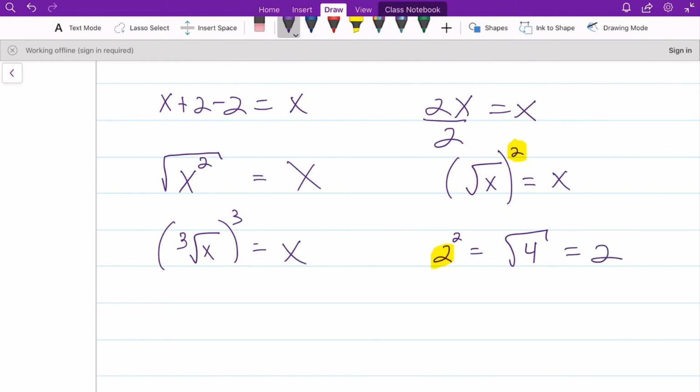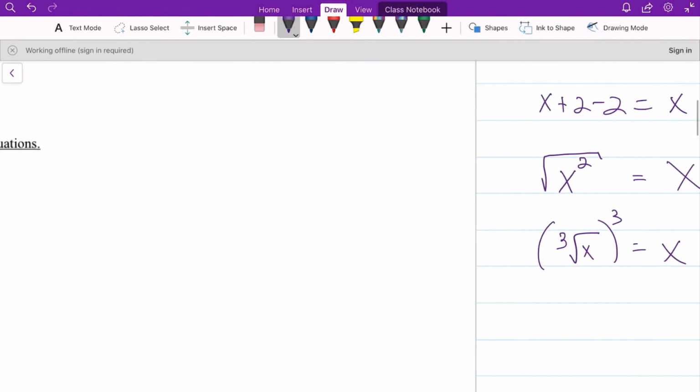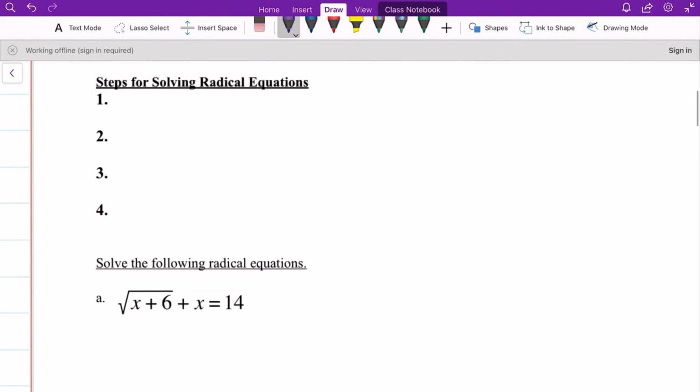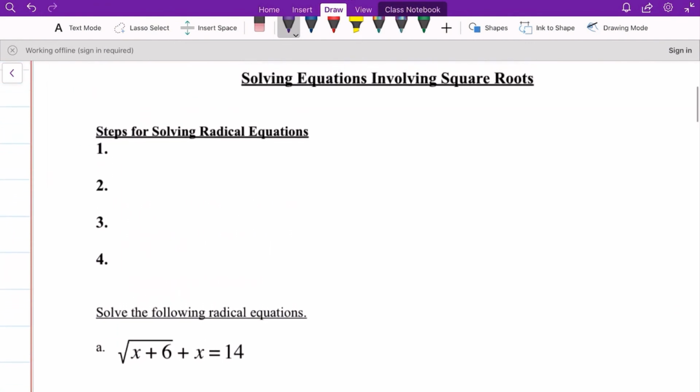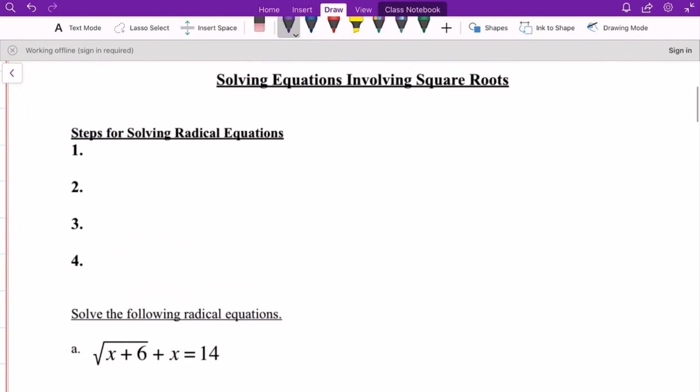Okay, so we're going to use the inverse operation of a square root, which is a square, and we're going to wind up removing that square root. All right, so let's come over to the examples and the steps that I have here. Again, you can see up here at the title, it says square roots, but really these steps can be used for any equations involving radicals.